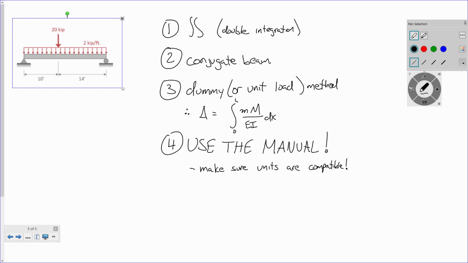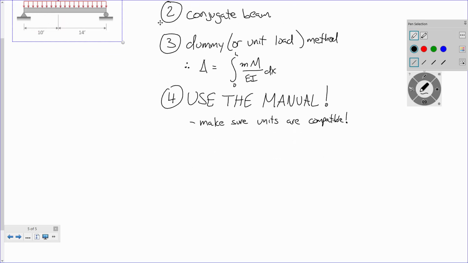Okay? So let's talk about the distributed load first. What is the deflection due to that distributed load, if we're talking about deflection at midspan? Now, you can ignore the signs on the table because we know it's going to deflect downward. So what's the deflection?